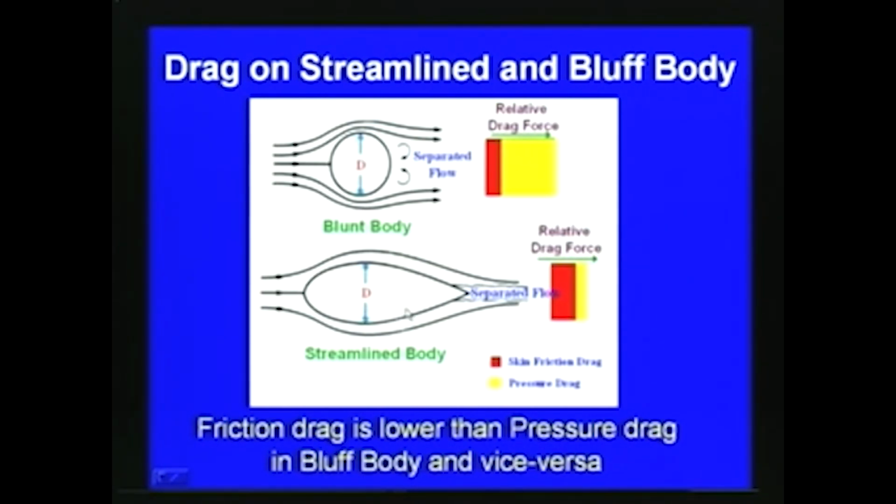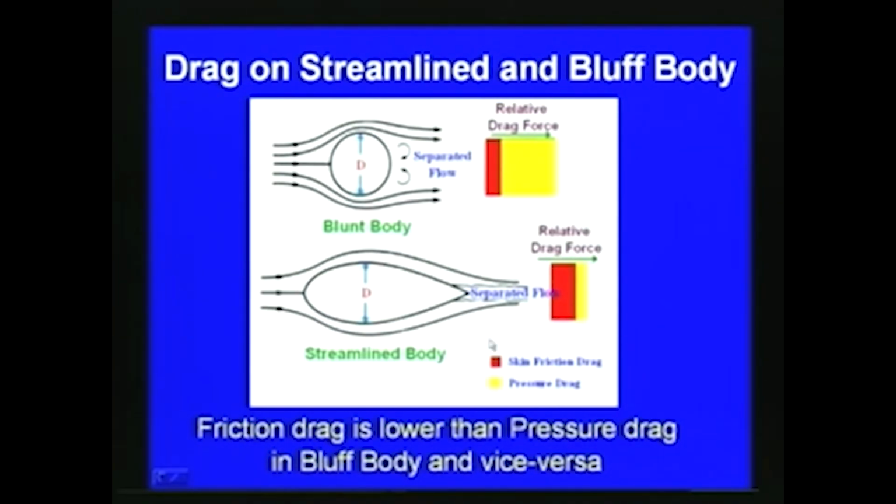For the airfoil, which is a streamlined body, the skin friction drag will be more compared to the pressure drag. The relative drag force will be much smaller for a streamlined body as shown in this figure.